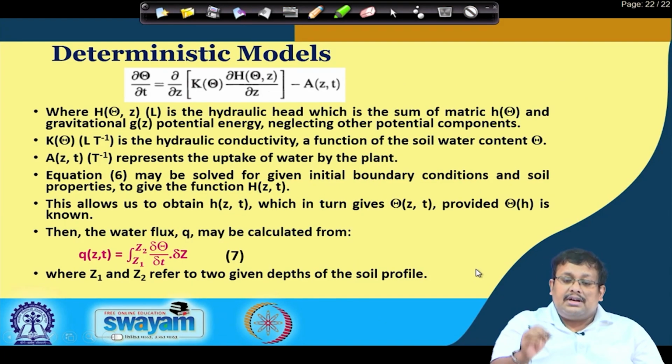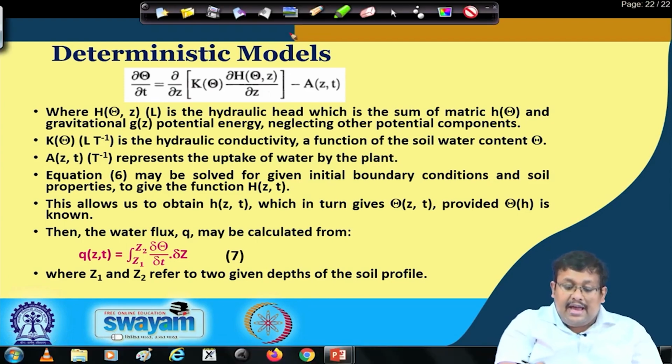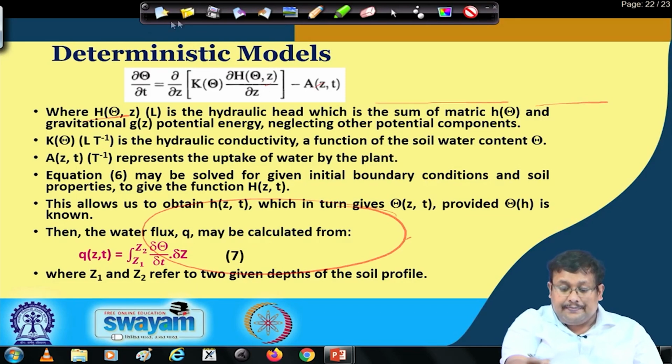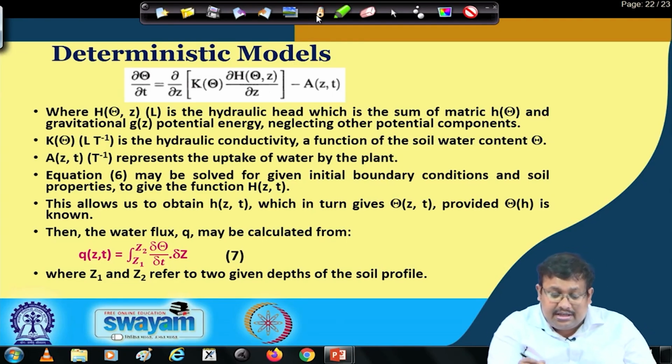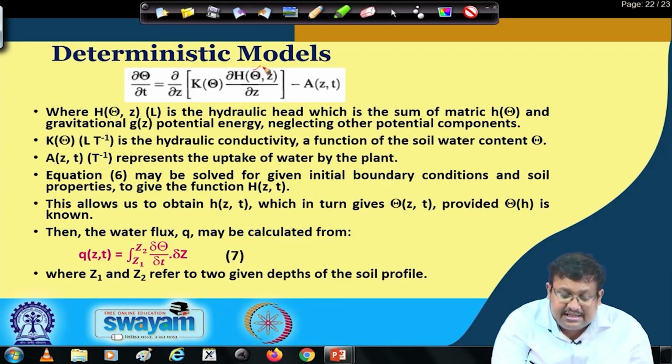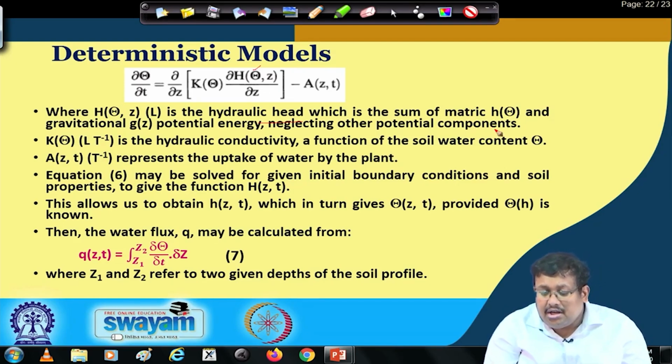what the different components of this equation are. This is basically the equation which we just saw. Now, in this equation, h(theta, z) is the hydraulic head, which is basically the sum of the matric head and the gravitational potential energy, neglecting other potential components.